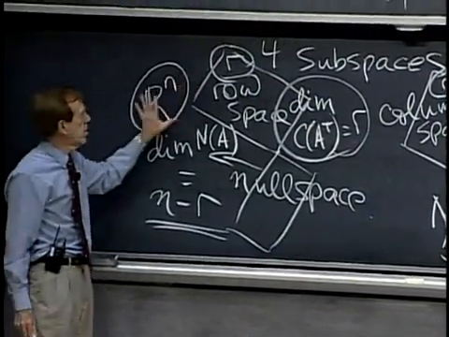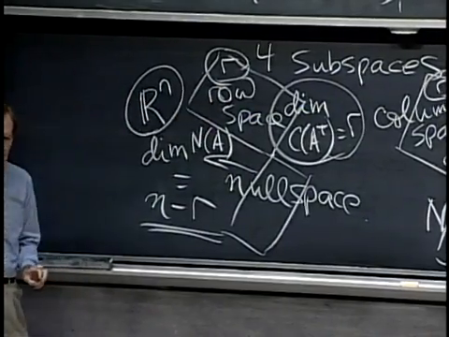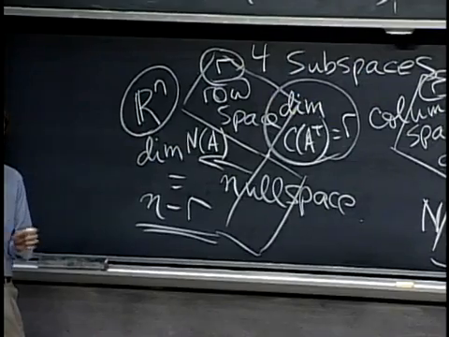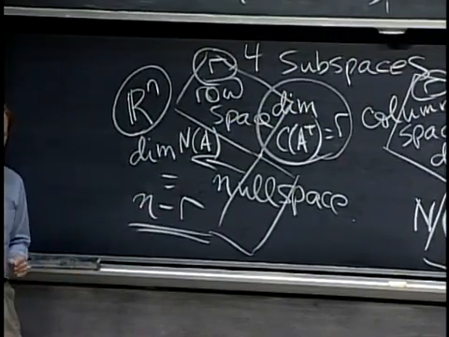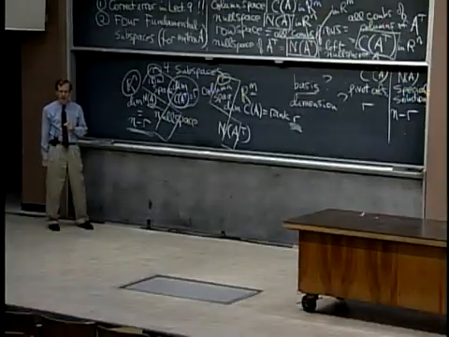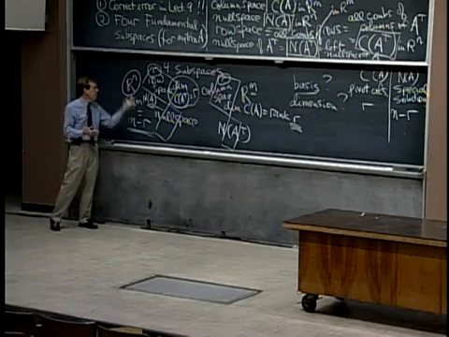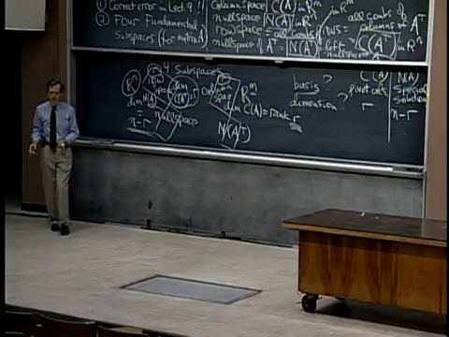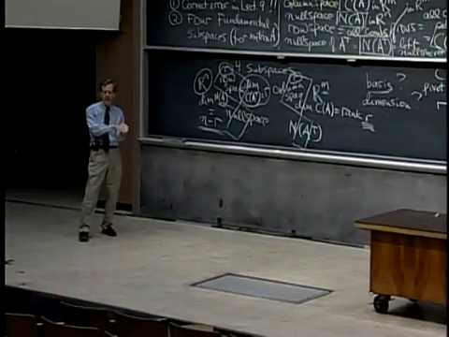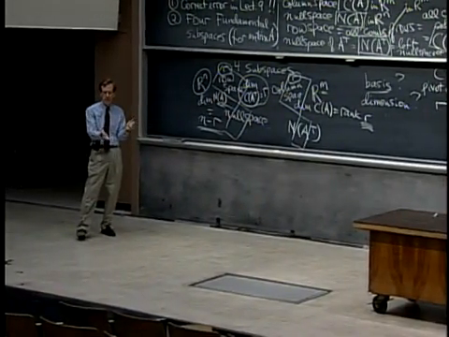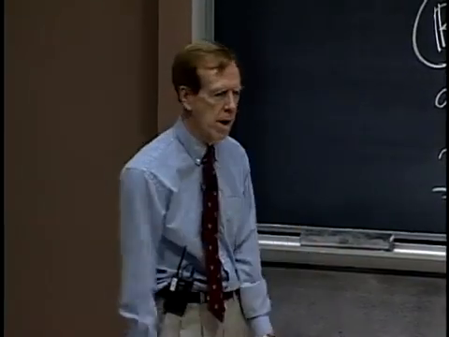In this n-dimensional space, one subspace is r-dimensional, to be proved. That's the row space. The other subspace is n minus r dimensional. That's the null space. And the two dimensions together give n. The sum of r and n minus r is n. That's just great. It's really copying the fact that we have n variables. r of them are pivot variables, and n minus r are free variables, and n altogether.